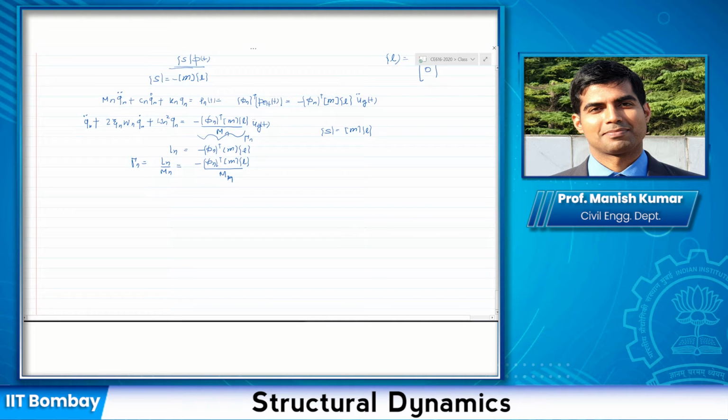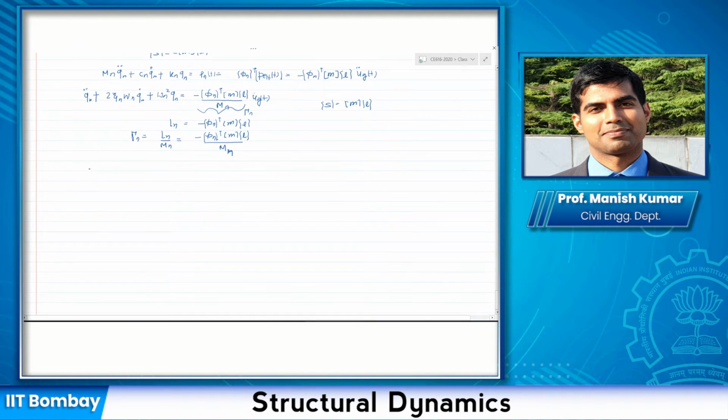Okay, and you could have written the same thing without me having to write all this. So basically the equation that you need to solve for seismic excitation becomes the same thing that we have written above, gamma n times UGT. Okay.